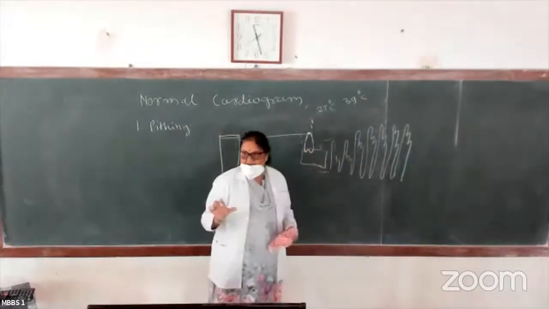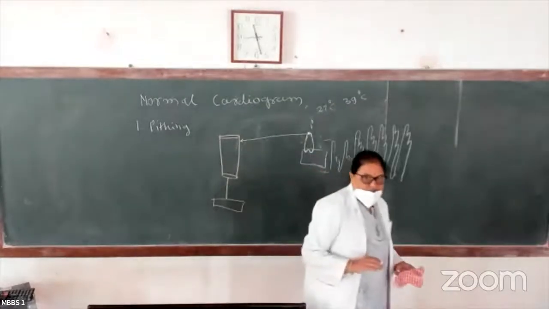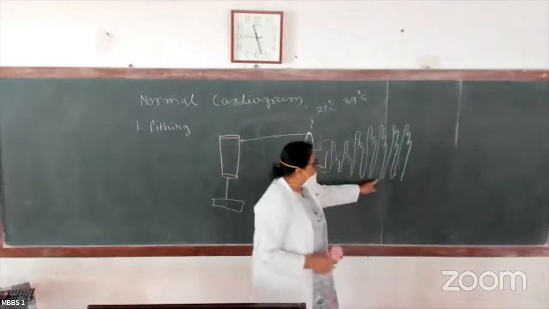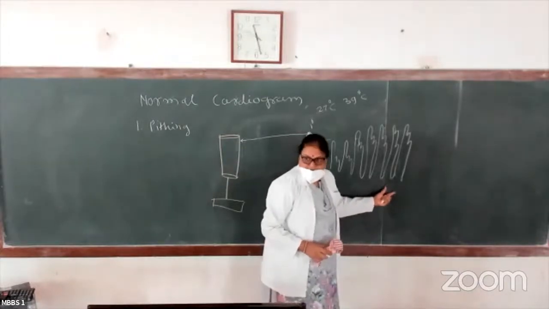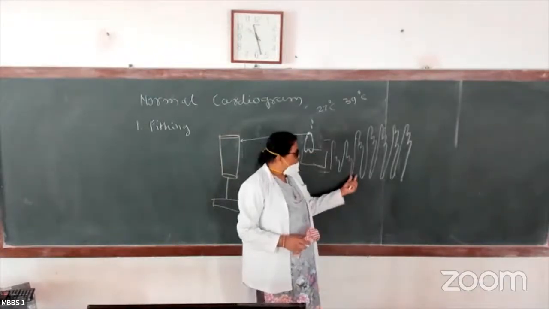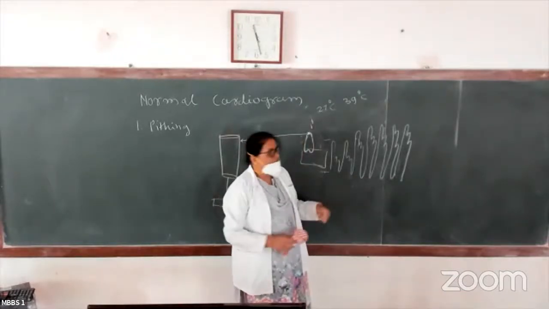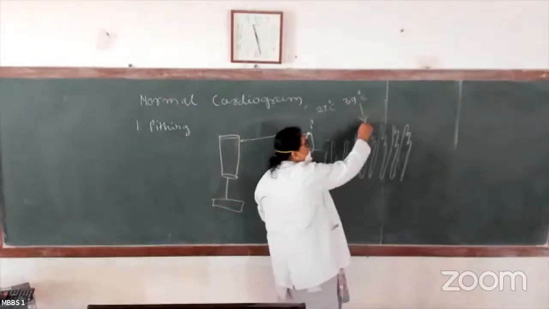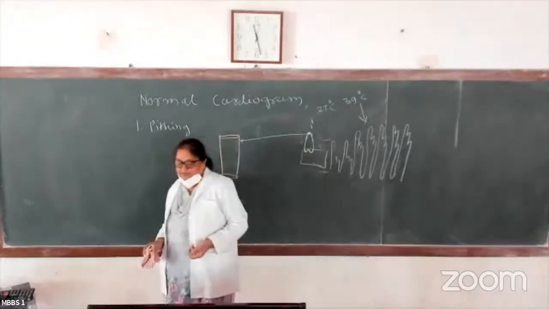The height of contraction is increased. The amplitude of contraction is increased. It is called the force of contraction, and it will increase. The heart rate will be increased. The distance between two beats will be reduced. So the heart rate increases. The force of contraction increases when we pour the warm solution on the frog's heart.